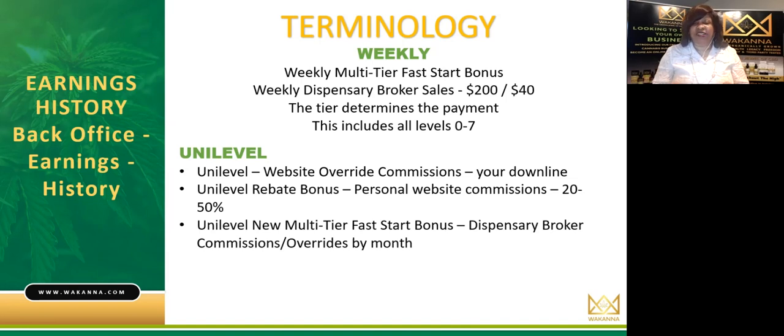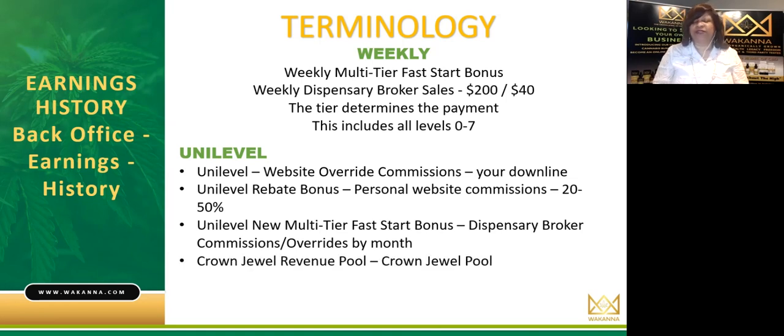Unilevel new multi-tier fast start bonus. That's the same as the weekly, so we're going to bypass that, but it's listed twice here. It's just shown a different way, but it's still the same thing. It's really paid out weekly, so we really don't have to pay much attention to it here. But you will see the numbers, but it overrides by the month instead of looking at the weekly sales.